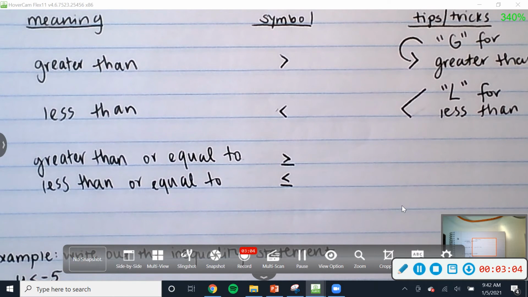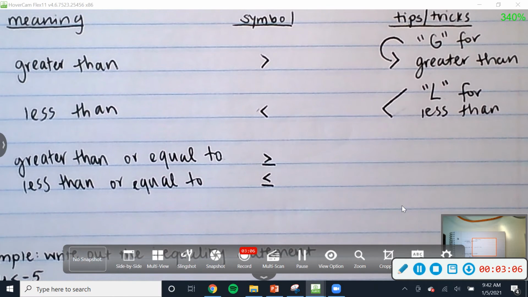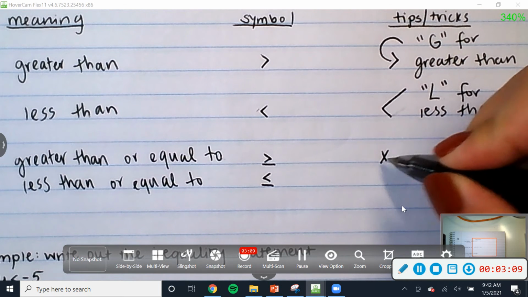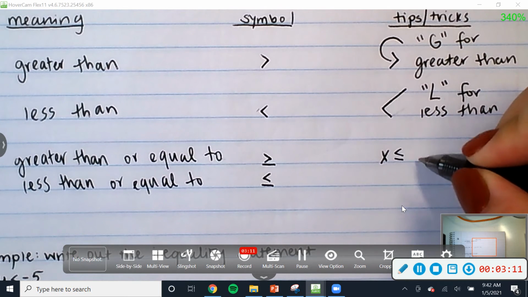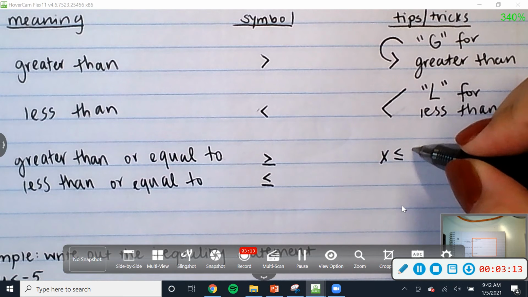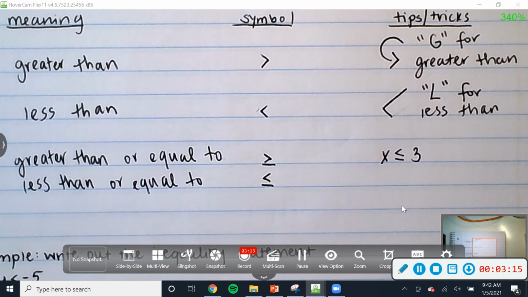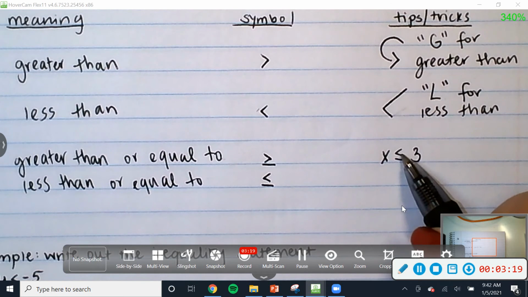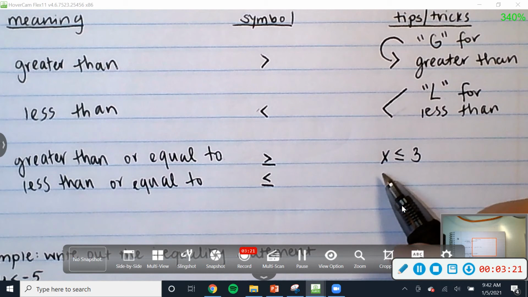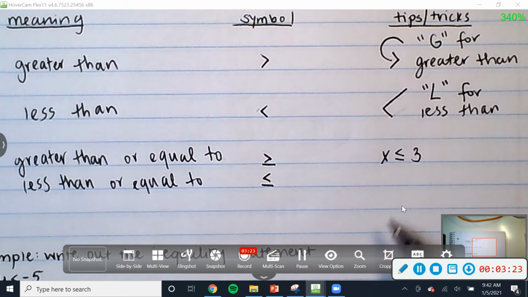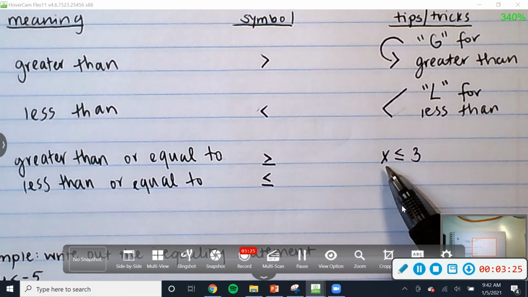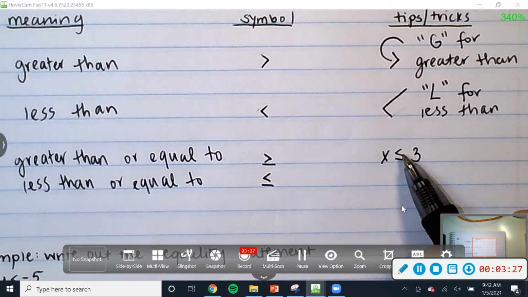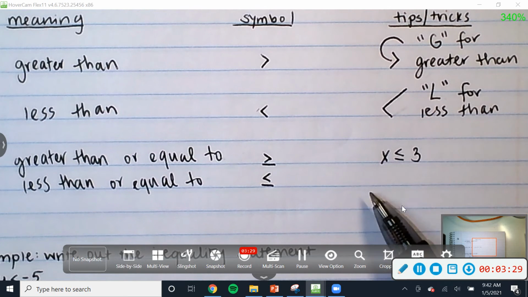So in an example here, let's say that we had this: x is less than or equal to 3. That means that x could be less than 3, right? Some numbers that are less than 3 would be like 2, 1, 0, negative 100, right? All those are less than 3, so they could be possible answers for x.